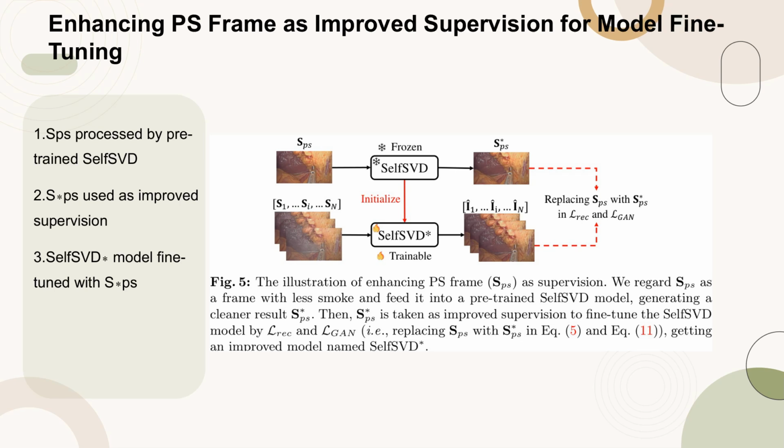This improved output, S*_PS, is then utilized as enhanced supervision to fine-tune the SelfSVD model using the L_rec and L_GN losses, effectively replacing S_PS with S*_PS in equations 5 and 11. This fine-tuning process yields an improved model named SelfSVD*. This approach ensures that the model is trained with more accurate supervision, leading to better performance in subsequent tasks.